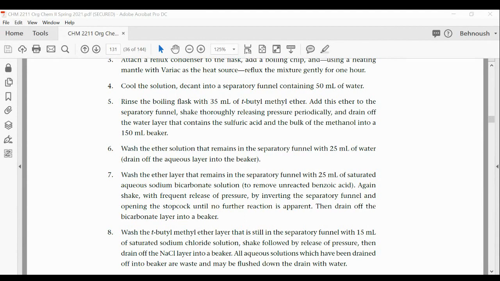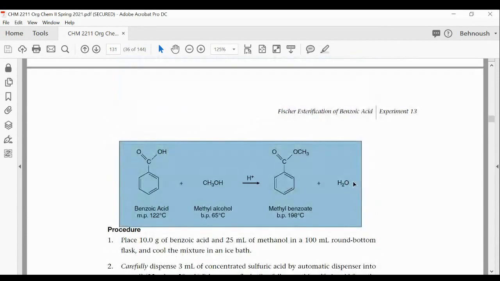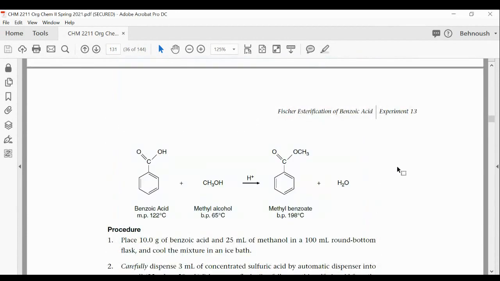Okay, so Melissa, can you tell me what's the purpose of using sulfuric acid in this reaction? What's the purpose of using sulfuric acid? First of all, let me check you're here.